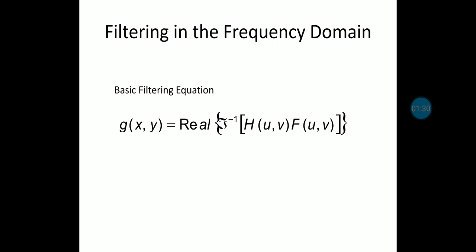Here f of u comma v is the Fourier image of the input image and h of u comma v is the Fourier image of the transfer function, that is, the filter transfer function.